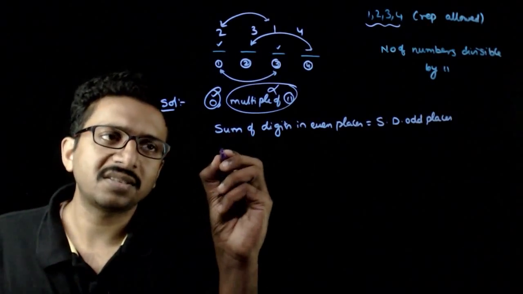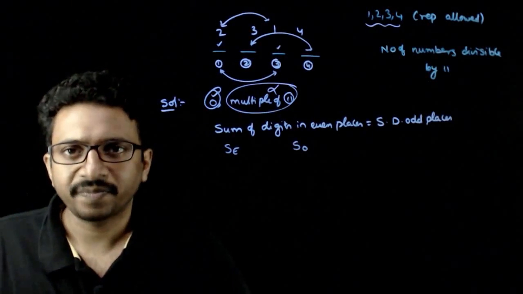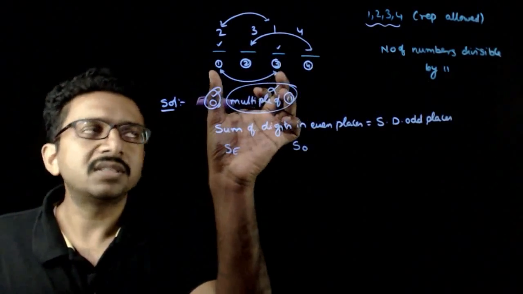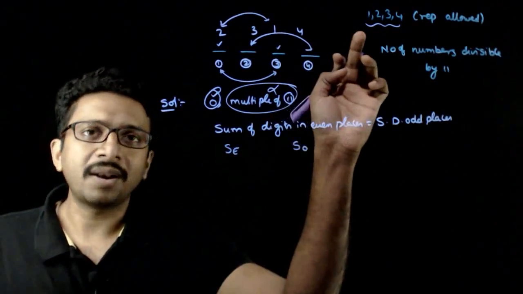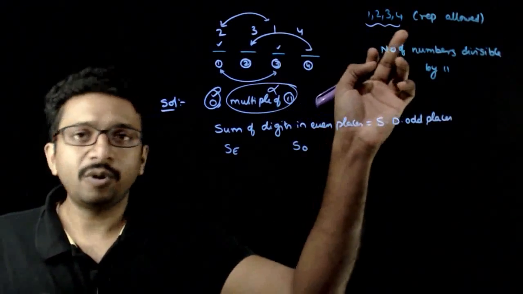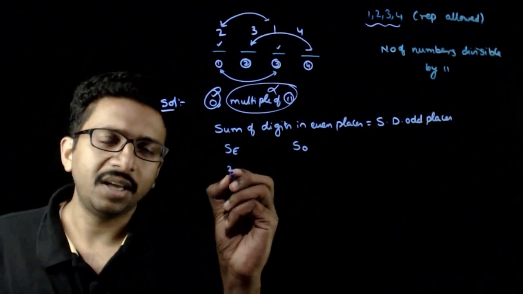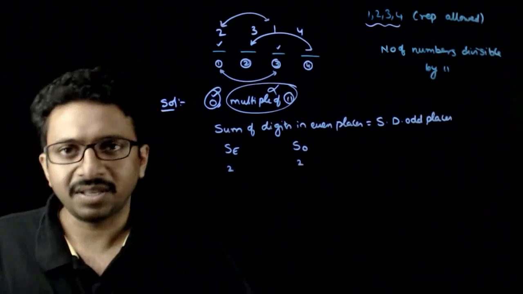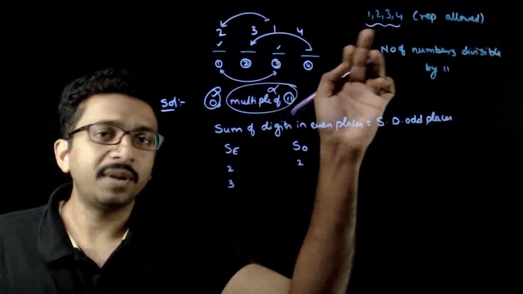The sum of digits in the even places, the sum of digits in the odd places. If you take any 2 digits, the sum that you can get starts from 2, because 1 plus 1 is 2, that's the minimum sum. 4 plus 4 is equal to 8, the maximum sum. So the sum in even places can be 2 and in odd places can be 2. The sum in the even places can be 3, 1 plus 2.